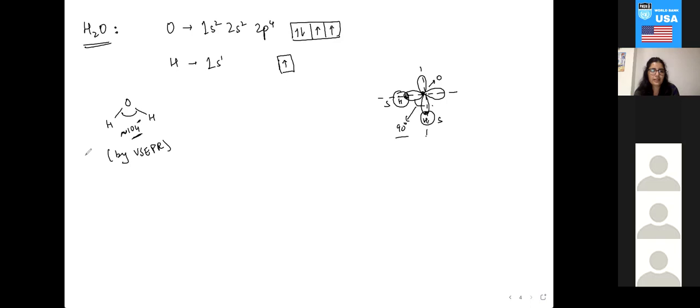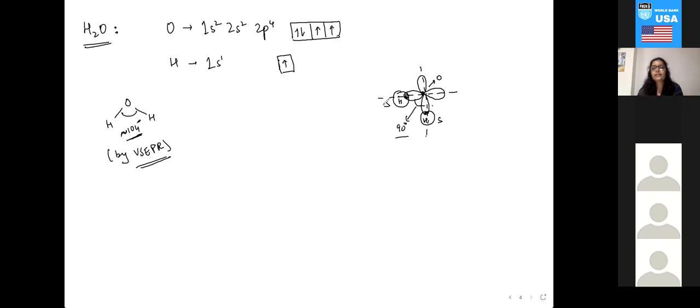And VSEPR is a certified established theory. Whatever VSEPR said, you could verify it experimentally and it all turned out to be correct. So VSEPR is correct. The bond angle in water should be 104 degrees.